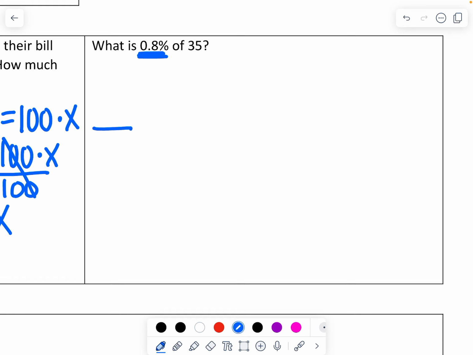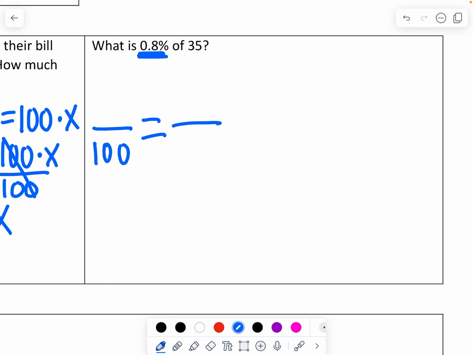So when I set up my proportion, I have 100 in the bottom left. It gives us a percent, so it wants to know what is 0.8% of 35. So if I asked you what is 1% of 35, some of you would be able to say 3.5. Okay, which means 0.8%, since that's pretty close to 1%, our answer should be around 3 5/10.